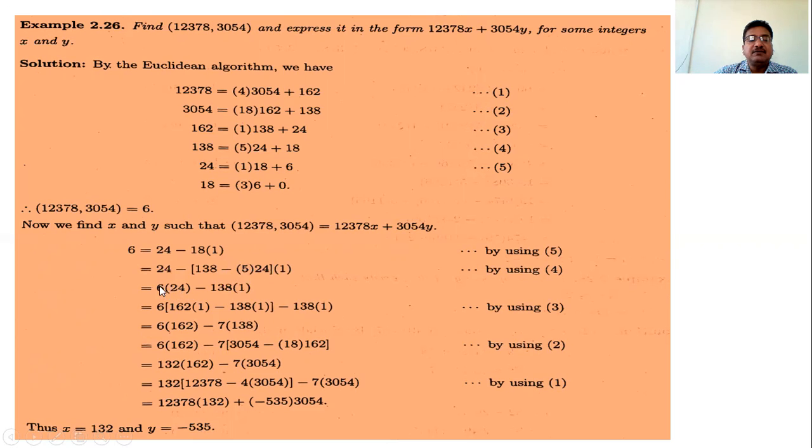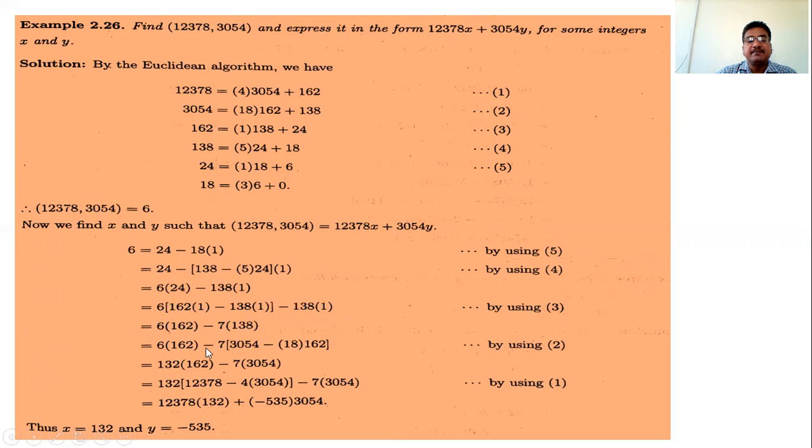So write 24 into 6, and this minus 138 into 1, then substitute the value of 24, which is 162 minus 138 into 1, and then we have minus 138 multiplied by 6, then 162 into 6, and minus 138 into 1 into 6, and this minus 138 into 6 minus 138 into 1 becomes minus 138 into 7, because if we take minus 138 common, then we have 6 plus 1, that is 7.